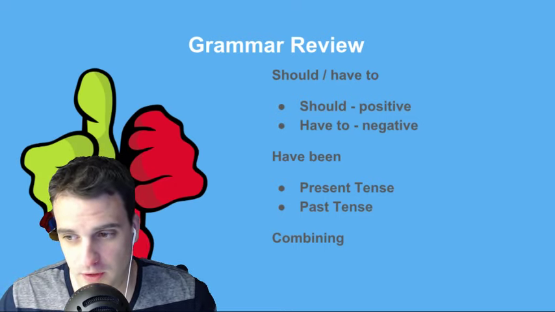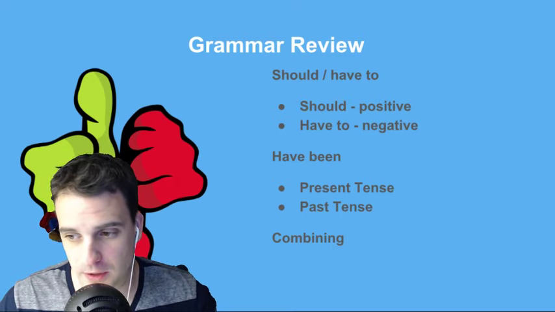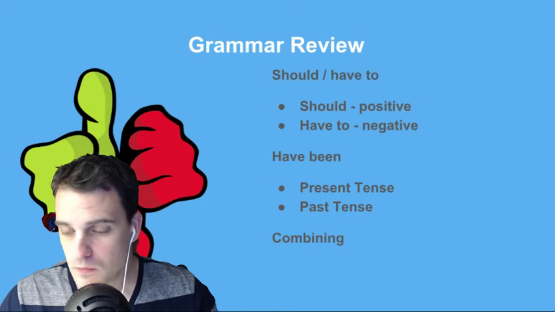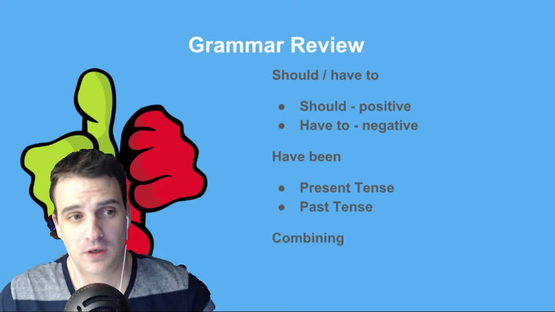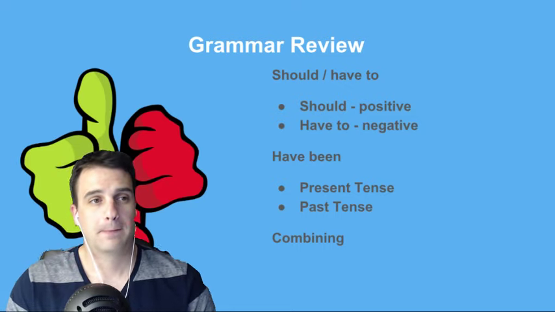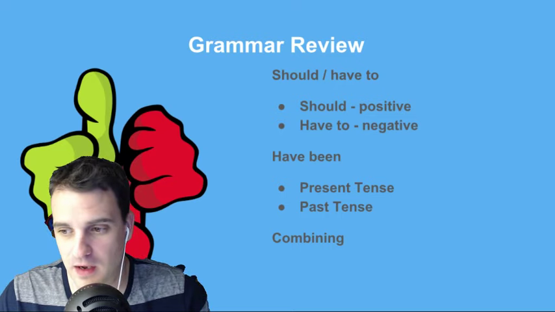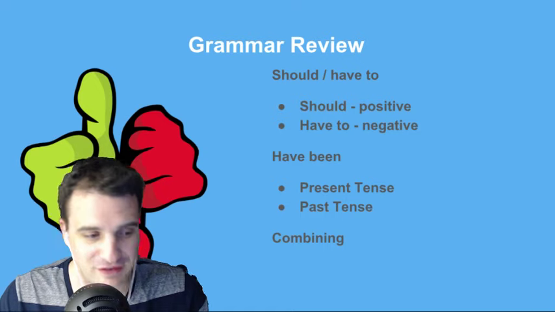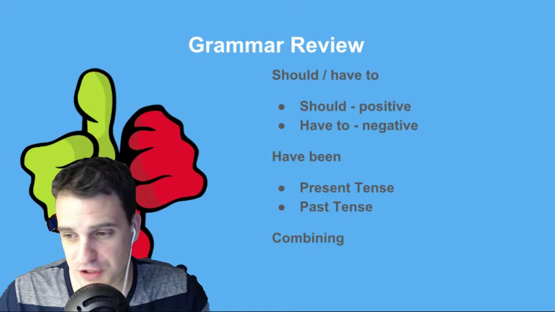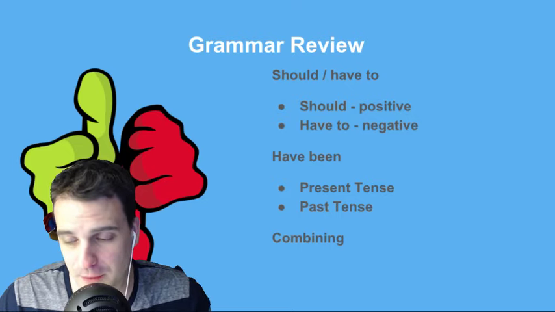So we can talk about that a little bit, Tavo, but that's a little bit complicated. The have plus past participle. So I have been to Spain. I have gone to Spain. I have visited Spain. These are just have plus the past participle of the main verb.